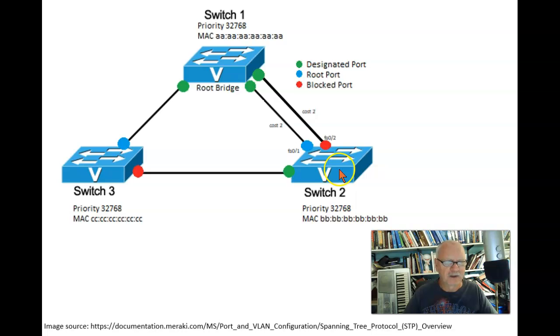So after each root port is chosen for each switch, then designated ports are chosen. Designated ports are the ones on which it can receive information. So all of the ports here on the root bridge are designated ports. And over here we have a designated port on switch 2, but nothing's going to come in on that at this point because it's blocked over here at switch 3.